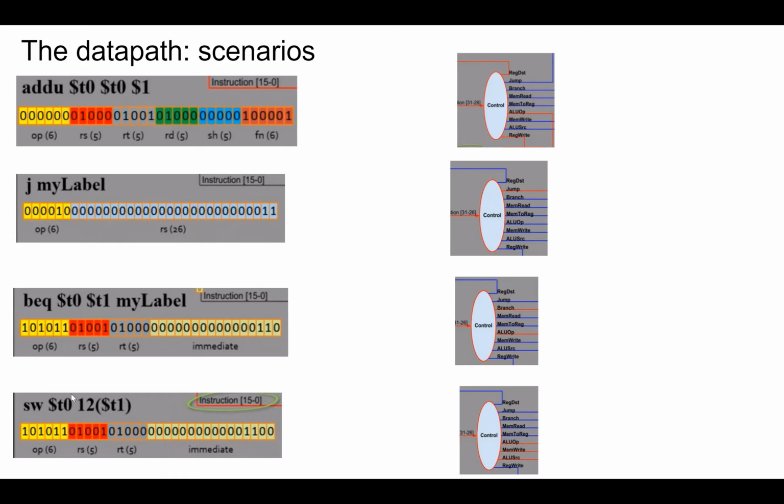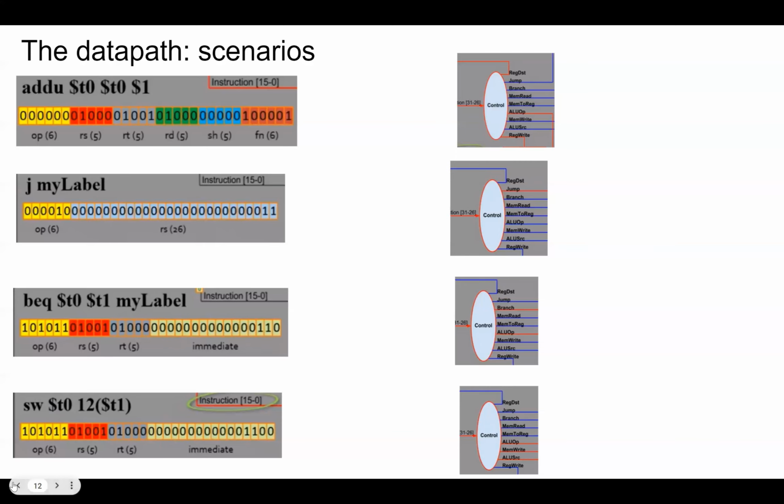And then store word, you would have the ALU operation, because you're doing the offset, the 12 in front of the address. You'd have to compute an offset for the address for that. So you would need the ALU op, and then obviously to store words, so you're writing to memory.